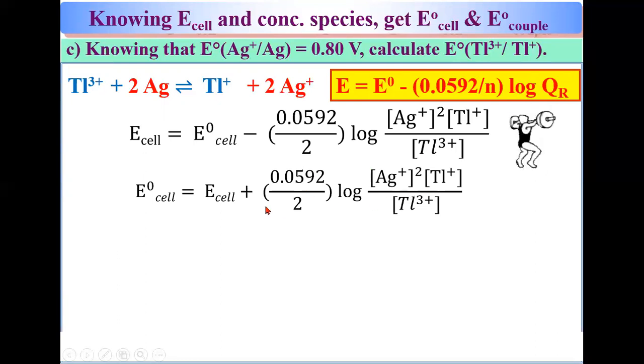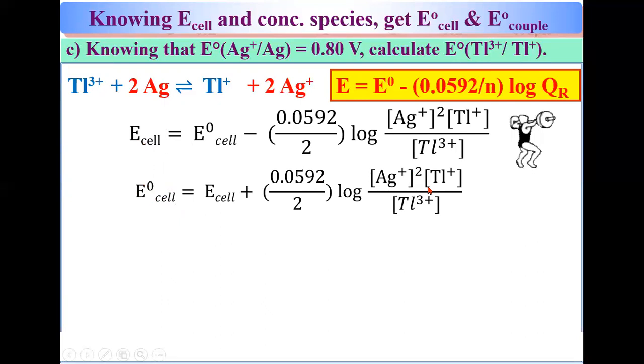Now we have E of the cell, that I have. Okay, so I can easily get the E naught of the cell, okay? And so we can solve that because now it's like the opposite. Usually we want to find E of the cell. This time they already gave us the E of the cell, okay? The electromotive force, they gave it to us.